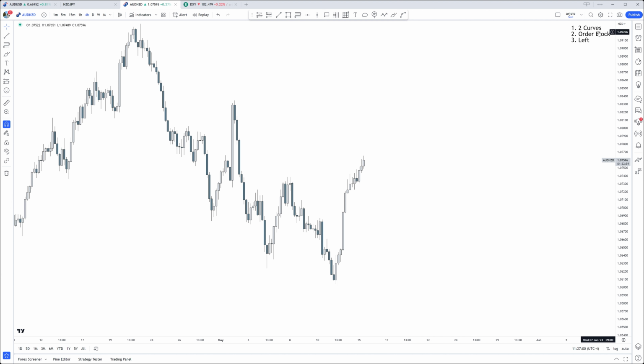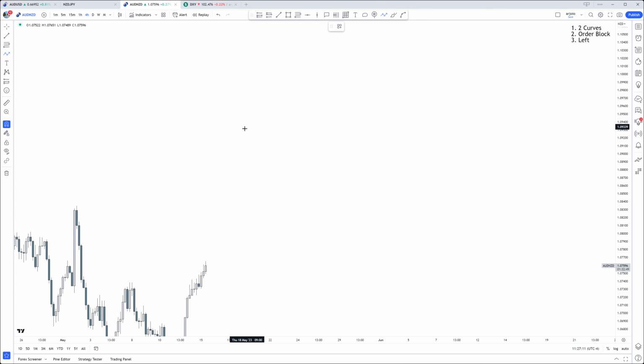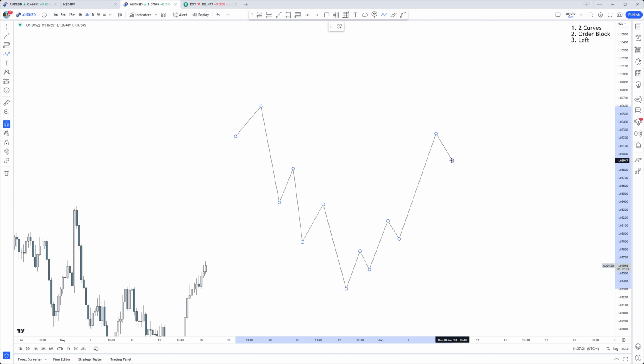So here in the top right, you can see the first step is understanding that there are two curves of the market, right? We have a sell curve right here. And then once we reach a certain discount array, we have a buy curve right here, and we're going higher and higher. This is the basis of a market maker model.